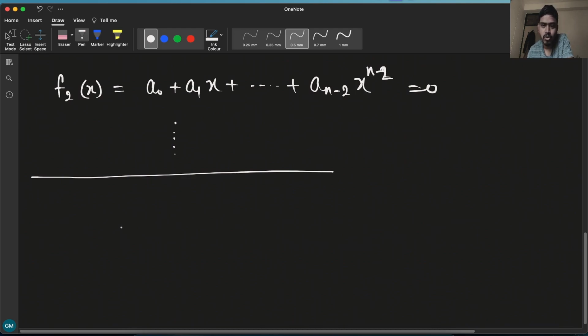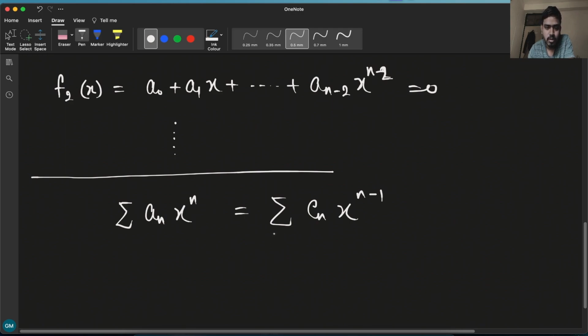While getting the series solution of differential equations, we need to compare the coefficients basically. In the left hand side you will find something like an x to the power n, and in the right hand side you are finding, for example, cn x to the power n, or cn x to the power n minus 1. These are the kinds of summations you have.